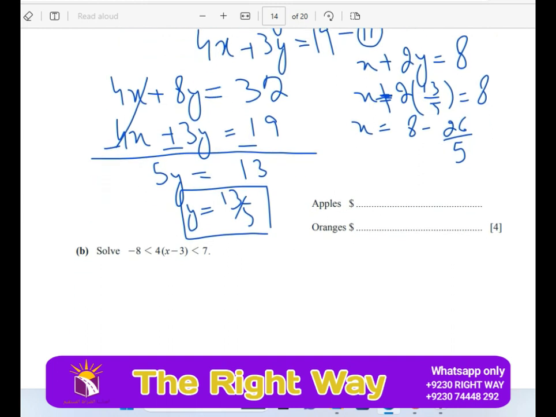And x will be equal to (5 times 8, 40, minus 26) by 5, and it will be equal to 14 by 5.